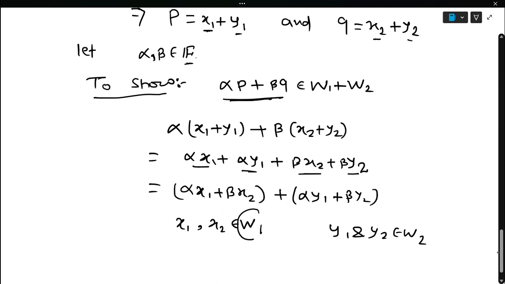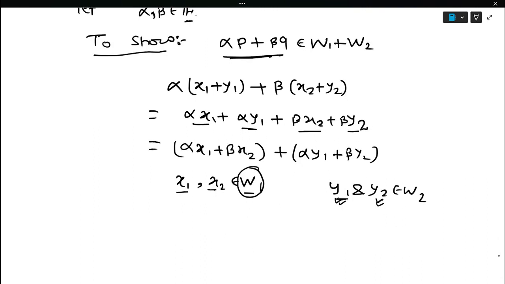Since W1 is a subspace over F, a linear combination of x1 and x2 will be in W1, and similarly a linear combination of y1 and y2 will be in W2, because W1 and W2 are both subspaces of the vector space V. So alpha x1 plus beta x2 belongs to W1, and also alpha y1 plus beta y2 belongs to W2.